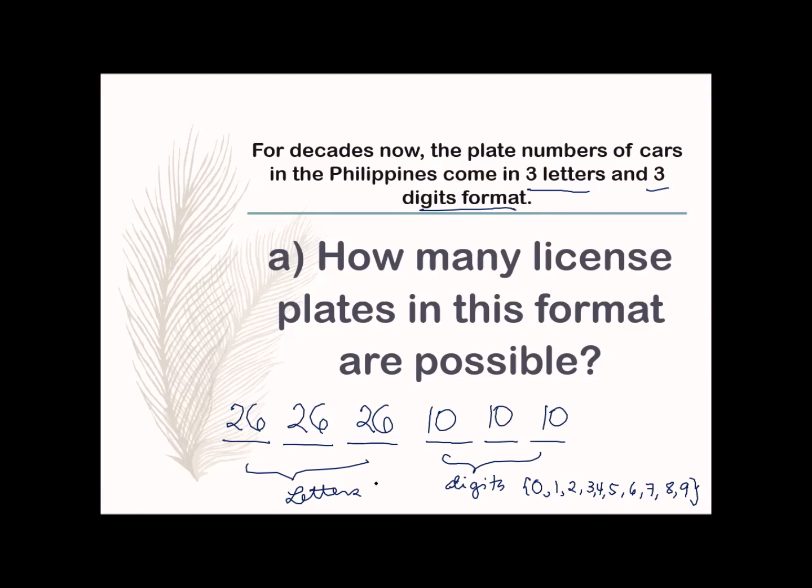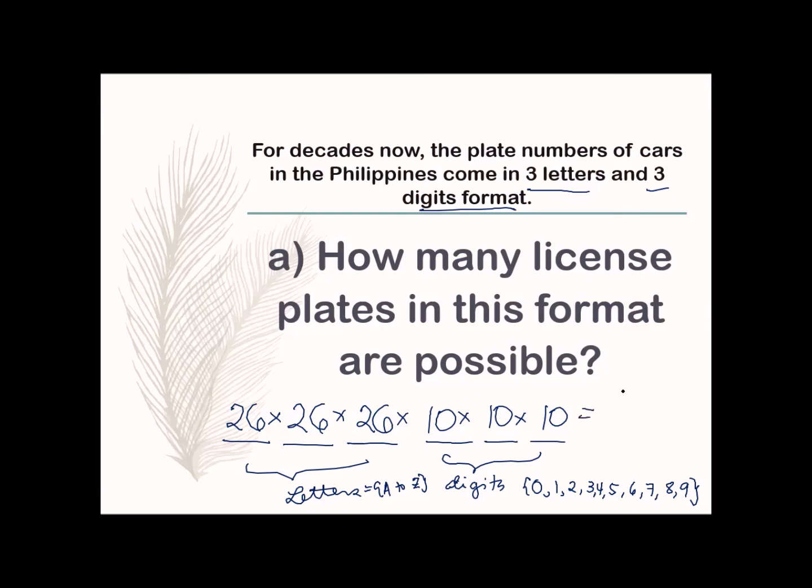Okay? So, again, itong letters na to, sulat ko lang. So, that is from A to Z. So, commonly, ang operation natin ay multiplication. So, multiply mo lang yan. 26 times 26 times 26 times 10 times 10 times 10. The answer is sobrang dami.